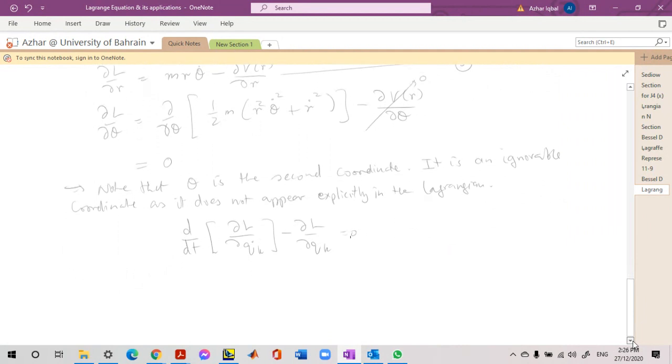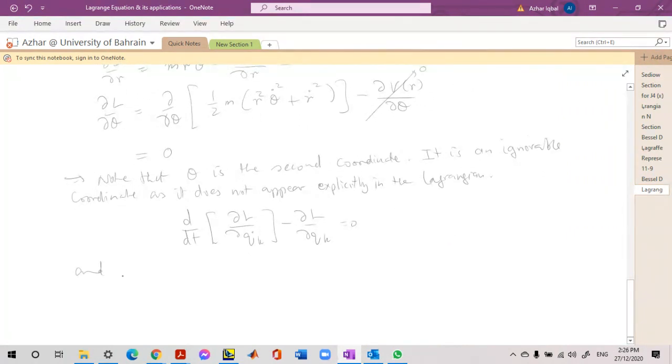For the first generalized coordinate, q1, which is r, the Lagrange equation becomes d over dt of partial L over partial r dot minus partial L over partial r is equal to 0.